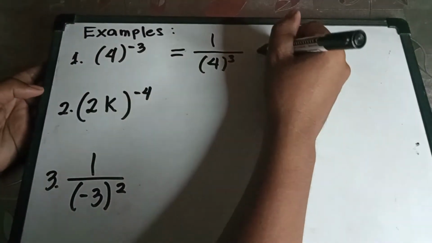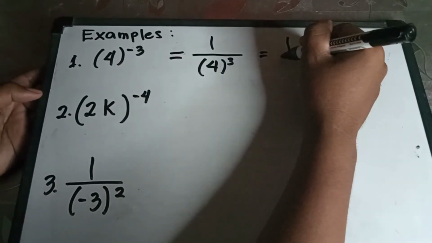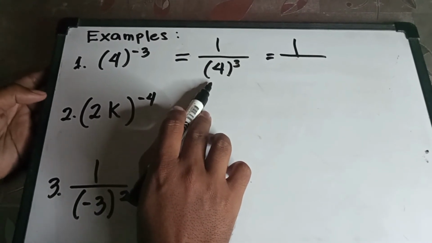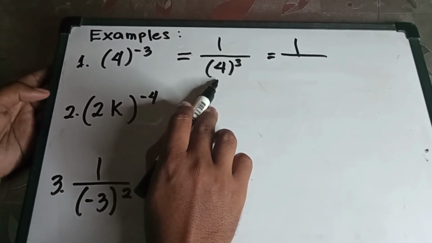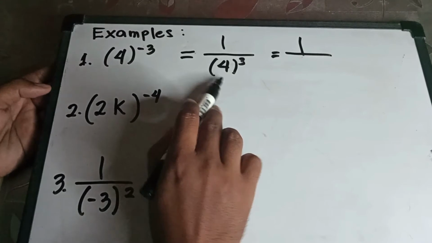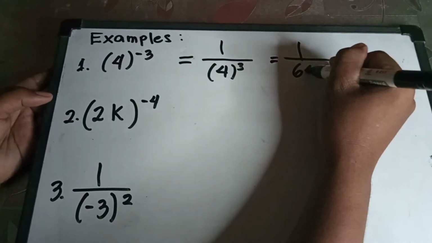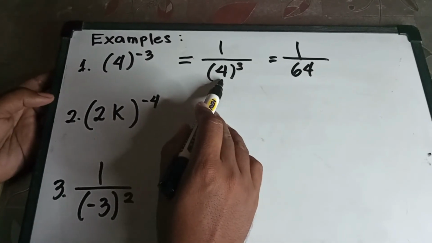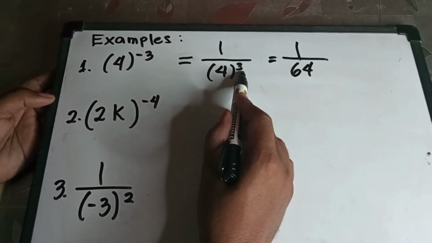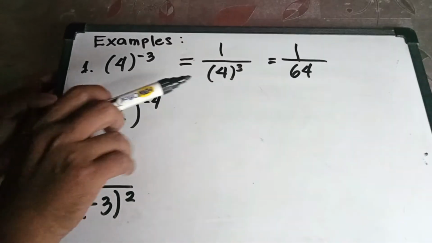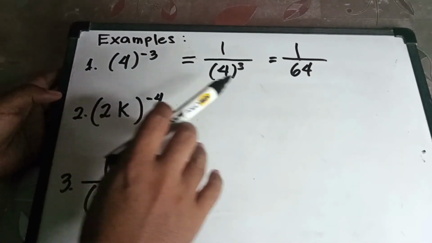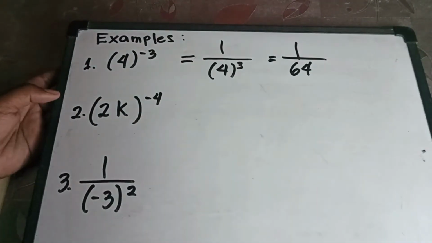Or simply, equal to 1 over, so i-expand natin to, so 4 times 4, 16 times 4 equals 64. So, paano ginawa? Yung sarili niya, i-multiply mo kung ilang beses nakalagay yun nandito. So, 4 times 4, so we have 16 times 4 is equal to 64.